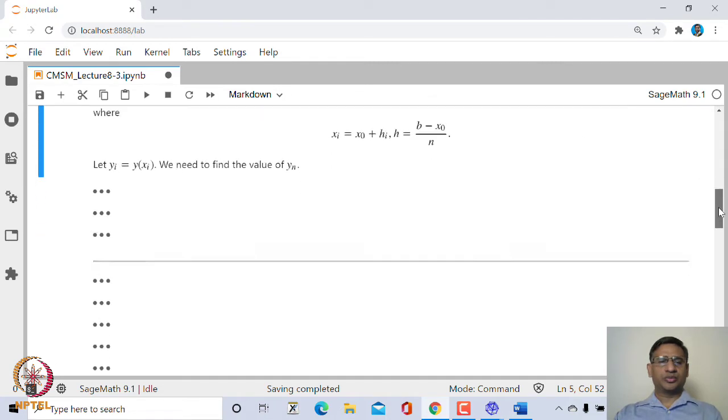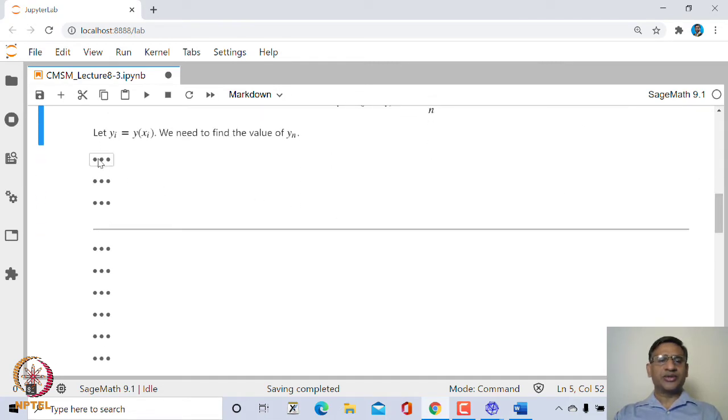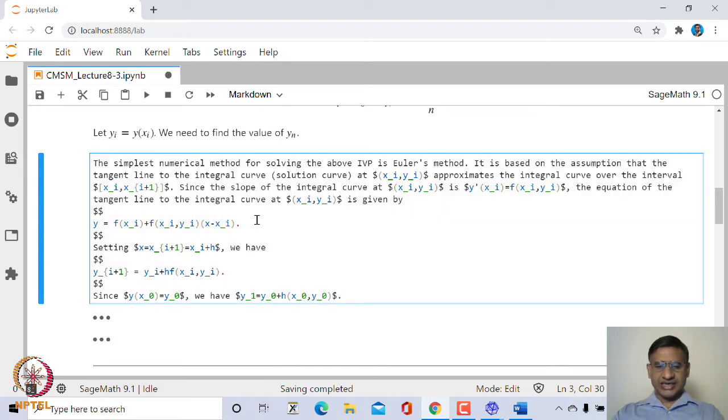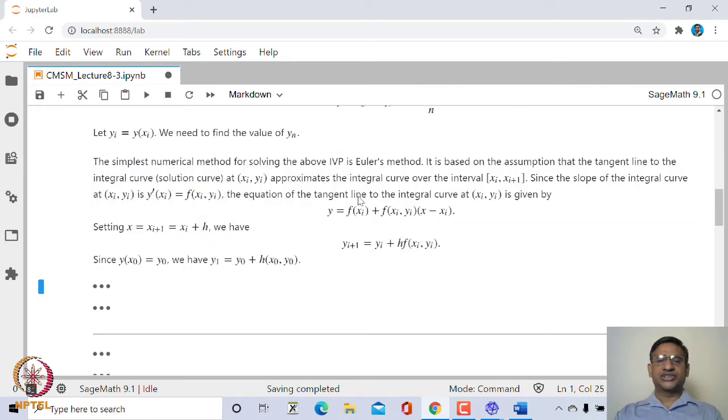So, let us see how we will do this. The basic idea behind this is to approximate the function, that is y, by a linear approximation or by a tangent line.